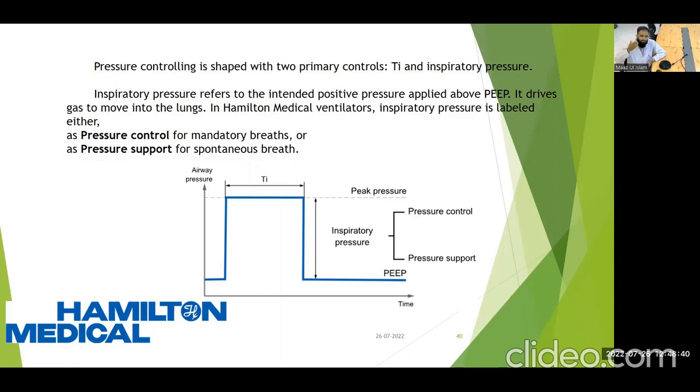So if the ventilator follows the desired BCT, the pressure is known as pressure control. If the ventilator delivers gas by the spontaneous activity of the patient, the desired pressure is called pressure support. So pressure support refers to the patient.